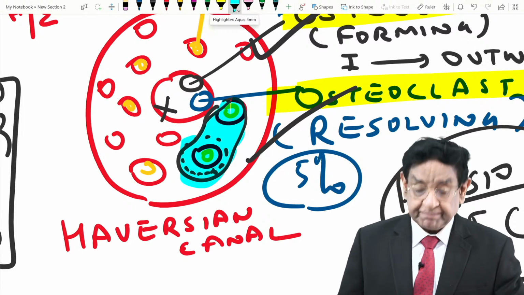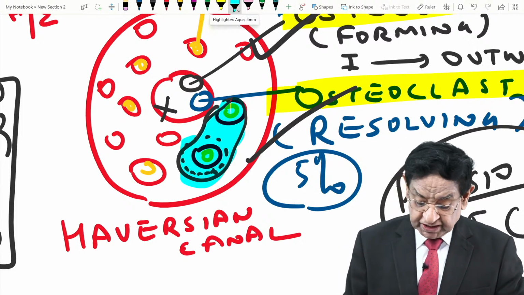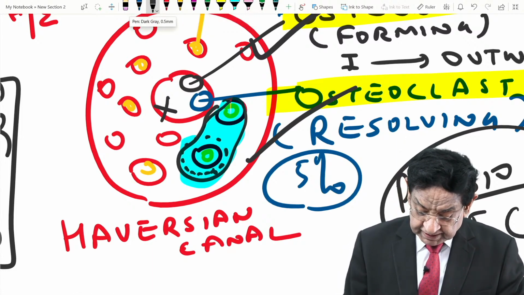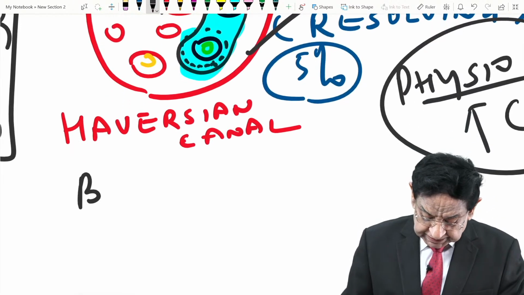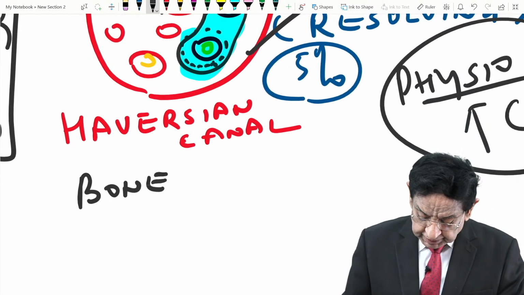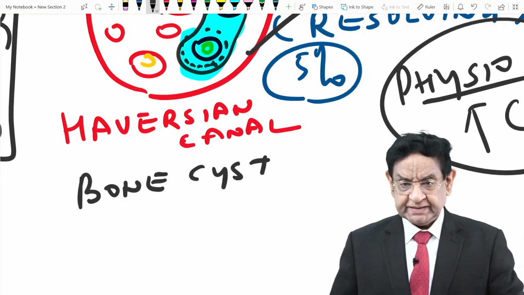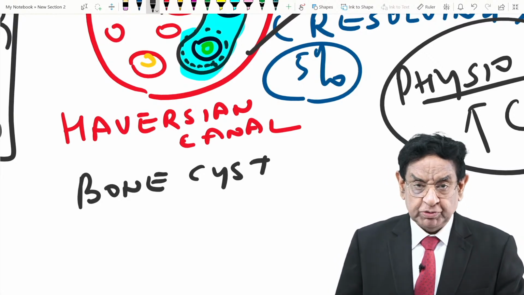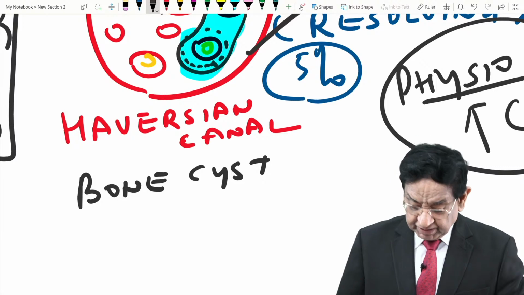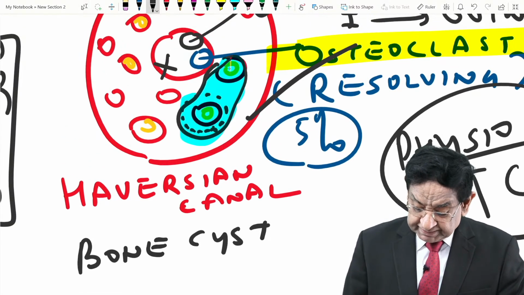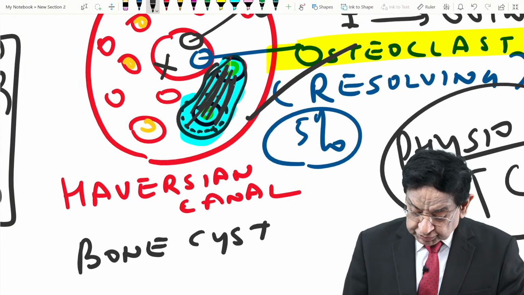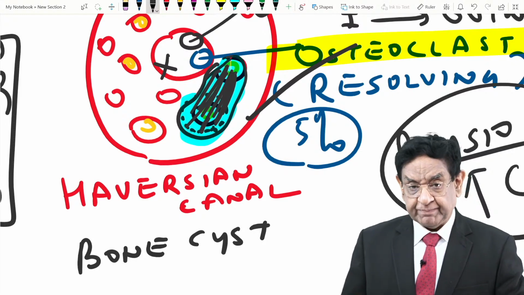And this is the basic pathophysiology of what we call a bone cyst, the basic pathology of why and how a bone cyst is made. Or if not, it may even get fibrosed.